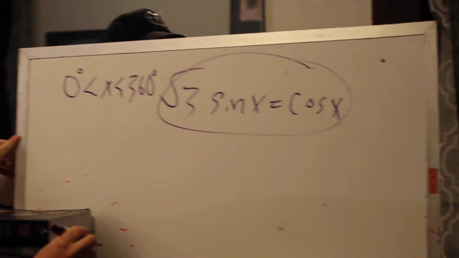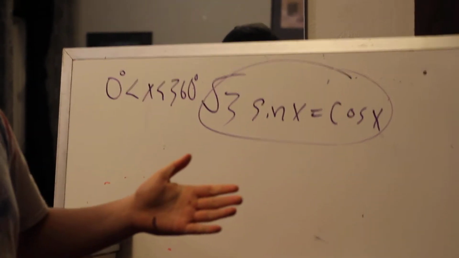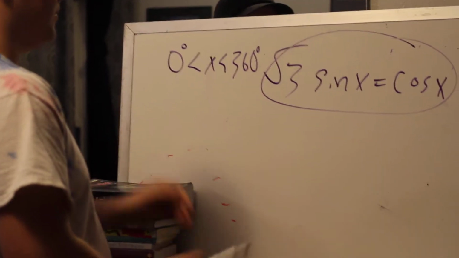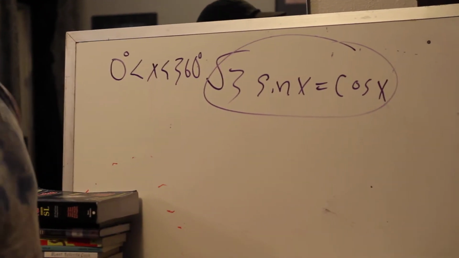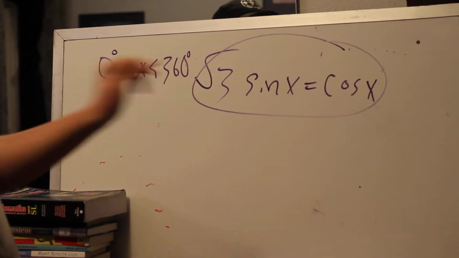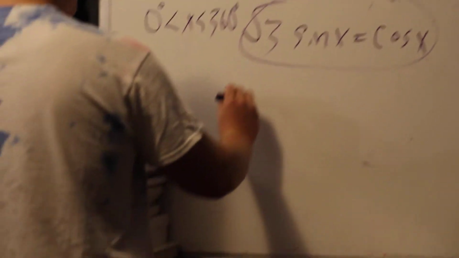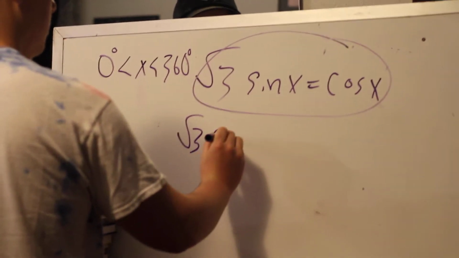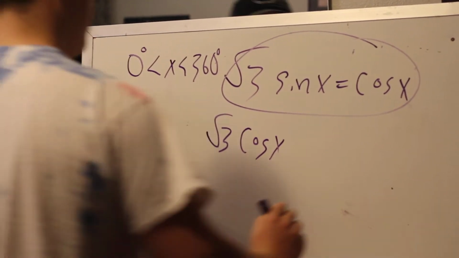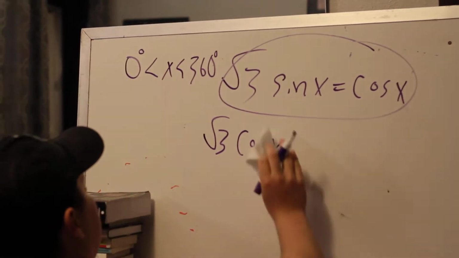When we're faced with these problems, we get caught up, and it takes a lot of abstract thinking. For this one, think about this: if we divide both sides by square root of 3 cosine x, what will happen?